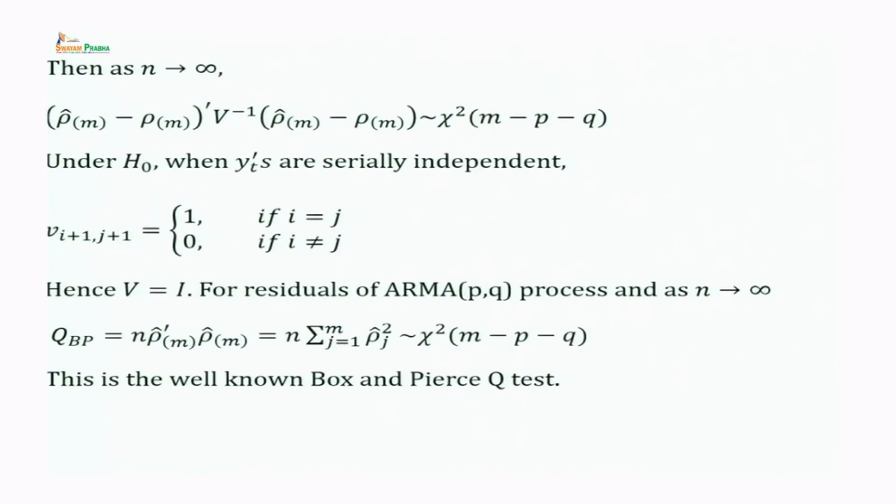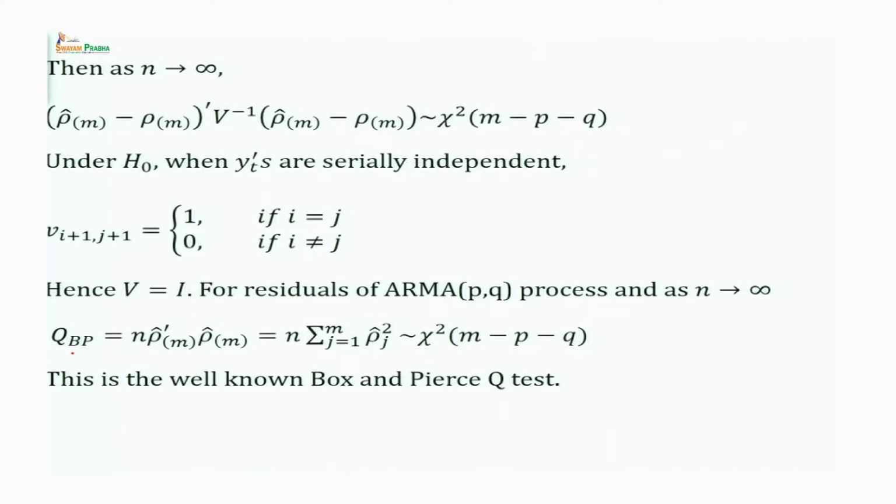So, finally, you obtain V i plus 1 j plus 1 equal to 1 if i is equal to j, and it is equal to 0 if i is not equal to j. So, V is equal to I under H naught.